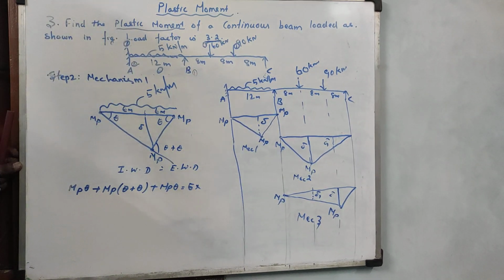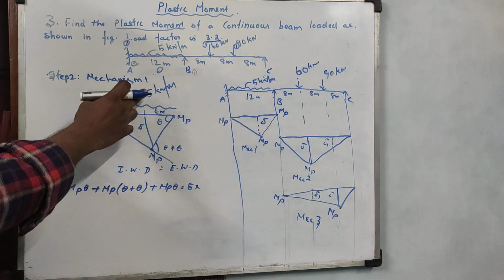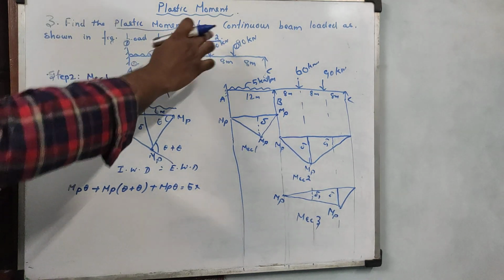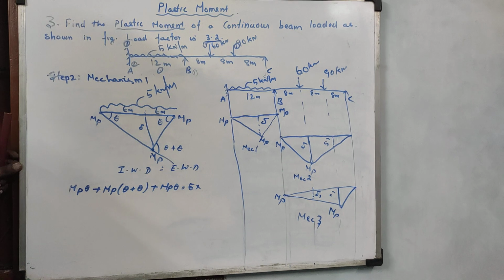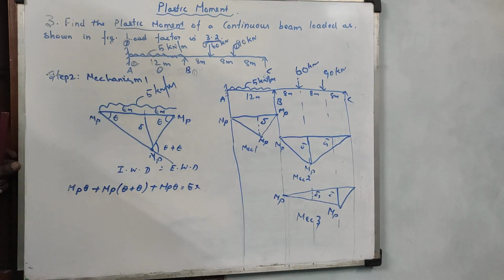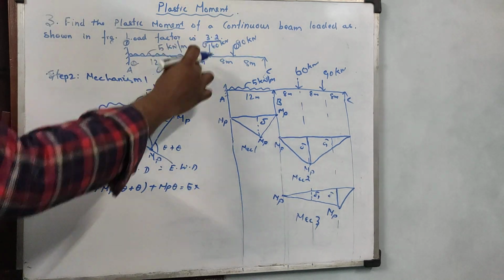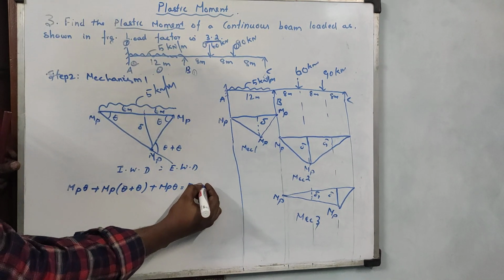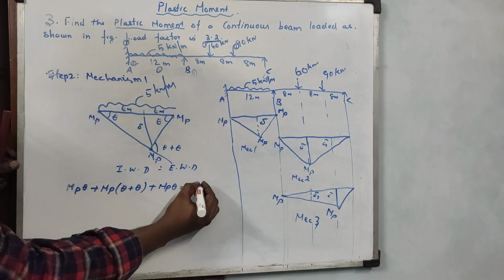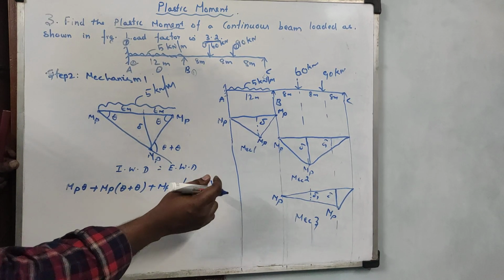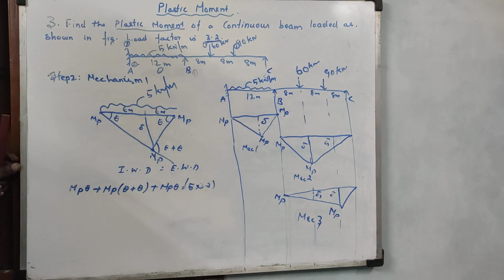Here the load factor is given. If the load factor is given, then for the design load we have to multiply the load with the load factor. Here the load is 5 and the load factor is 3.2, so this load is 5 into 3.2.